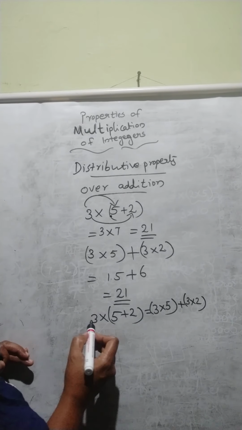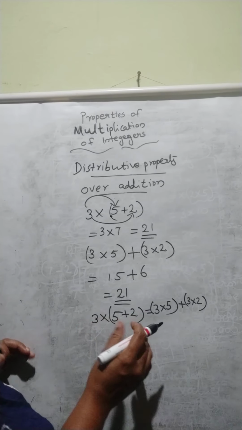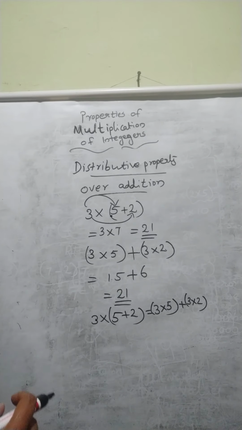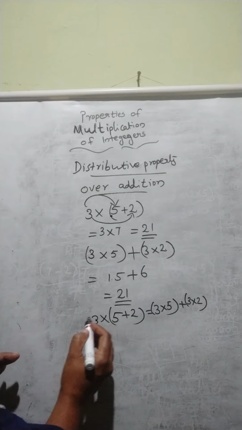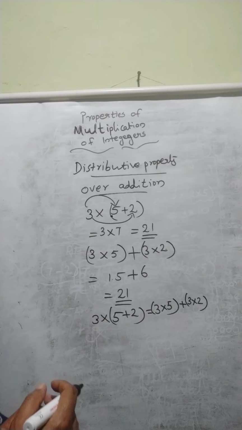We are distributing this number to the numbers inside the bracket. So we can distribute this number to these numbers. Clear?